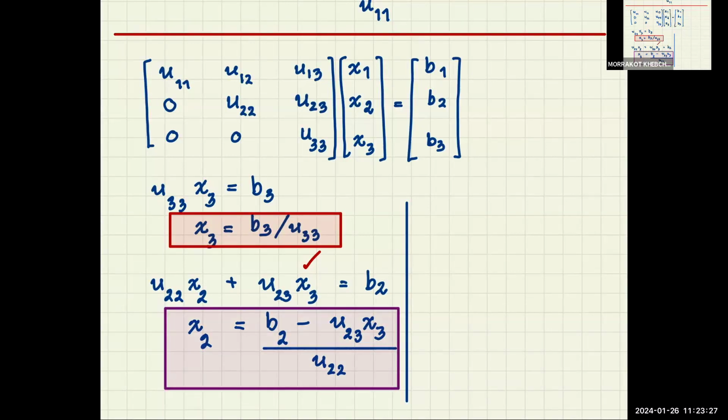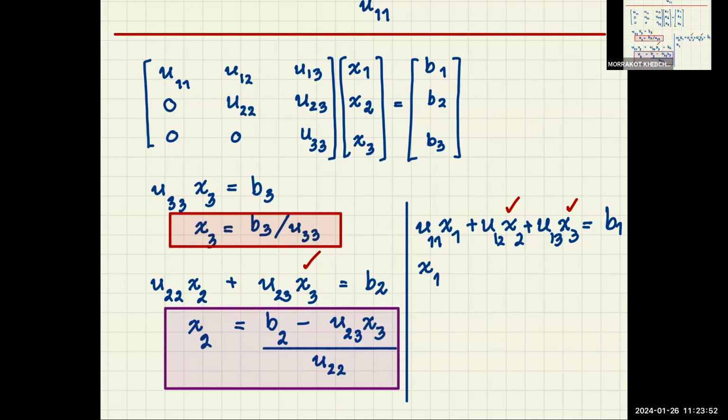From the first equation, you get u11 x1 plus u12 x2 plus u13 x3 equals b1. So you want to find x1. What do you know? You know this term, you know this term.